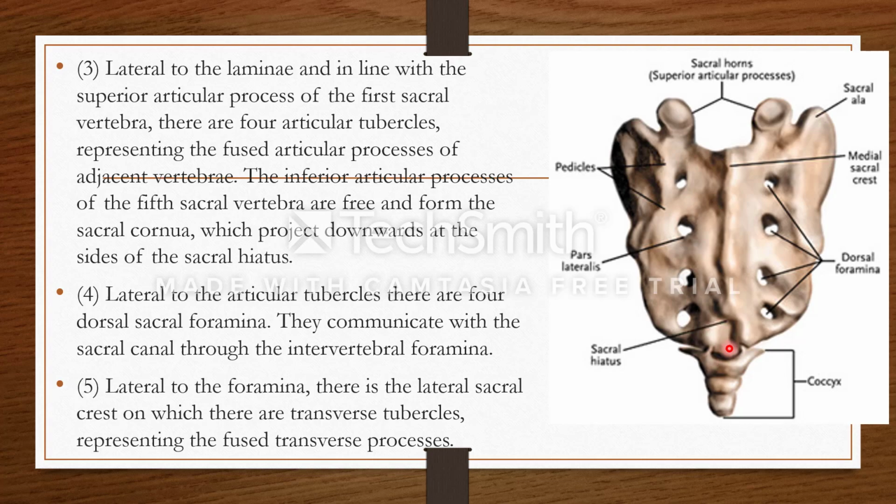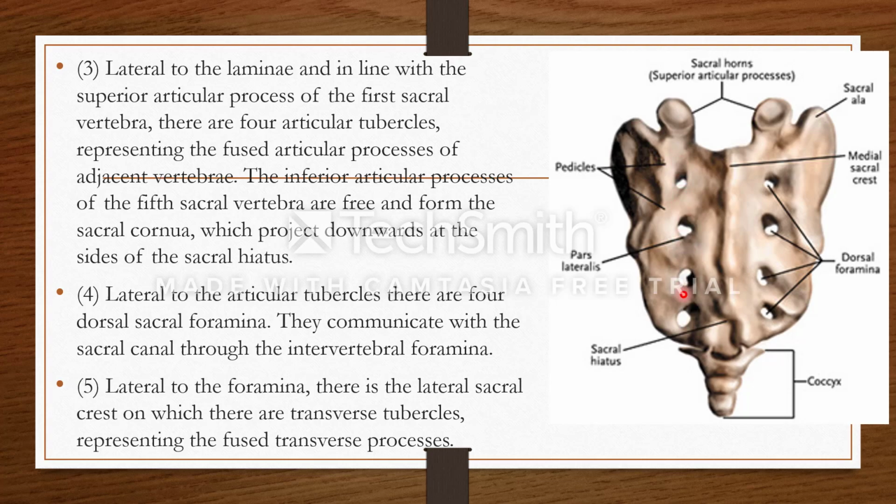The inferior articular processes of the fifth sacral vertebra are free and form the sacral cornua, on the lateral boundary of the sacral hiatus. Now, lateral to these articular tubercles, there are 4 dorsal sacral foramina.